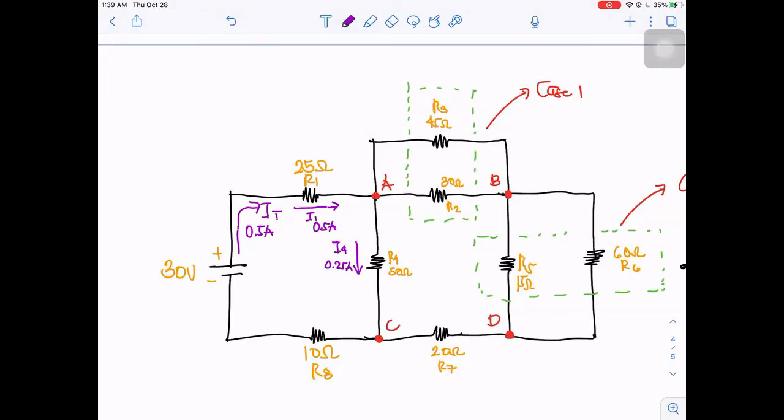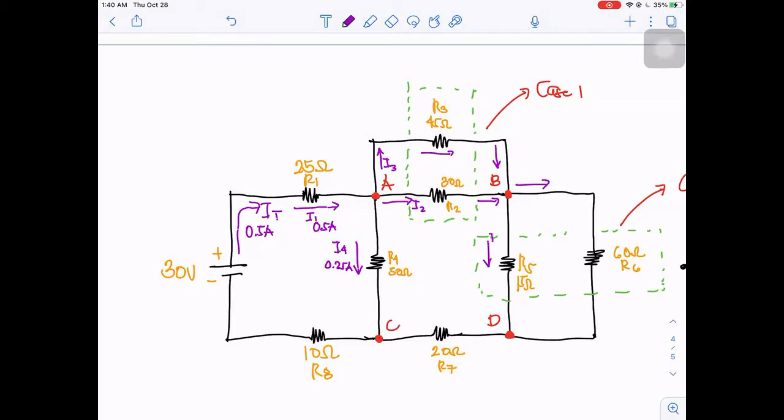Also, looking into point A, junction A, there is a current going up here, and also there is a current going also here. Then shall we say that this is I3, and also this is I2. So the I3 will flow here, and there's also a current that will go out from point B, and there is also another current that will go down here.